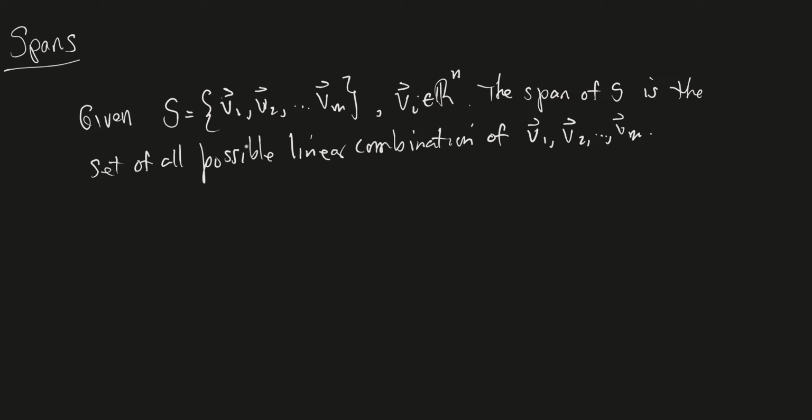That's basically what a span is: we're looking at all the possible linear combinations of these vectors, and that gives rise to another set.